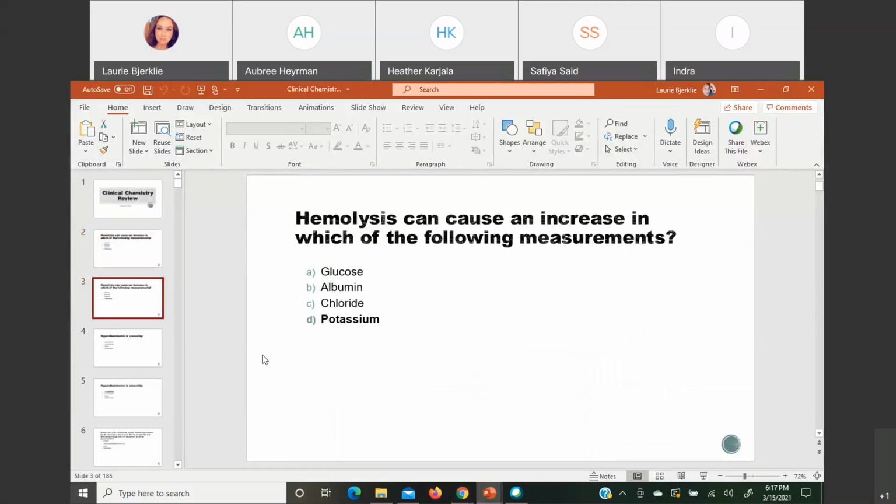The minute that we have a high potassium in the chemistry department, one thing you should always check for is, was the sample really hemolyzed? Most analyzers have hemolysis, icteric, and lipemic indicators that will flag it if hemolysis is what caused it to be high, but you can always visually look at the sample as well.